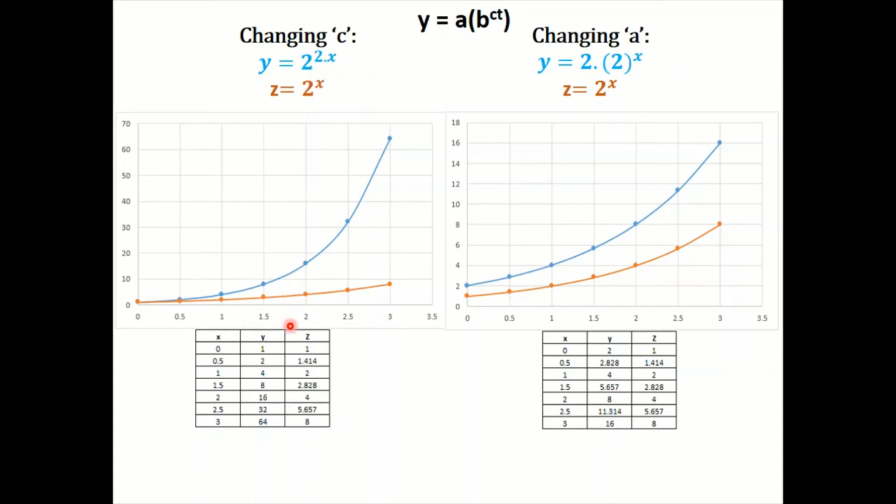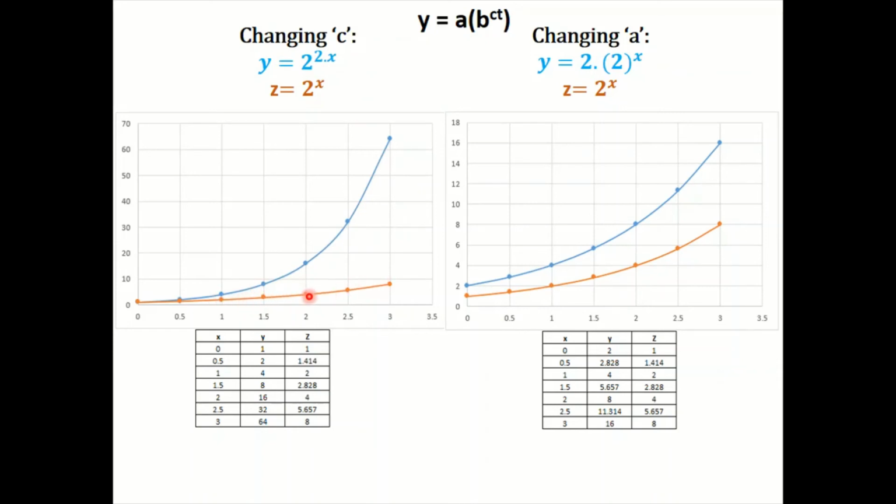And we have shown different values for x down here, and if we plug these into the exponential functions shown above, for y and z, we can see the different values that we get, and these two exponential functions have been graphed. This is the y function, this blue line here, and the brown one is the z function.